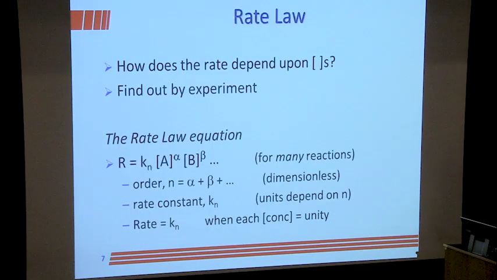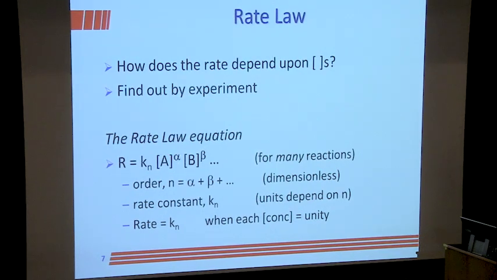Okay. So how does the rate depend on concentration? Typically, we find out by experiment, right? So the rate law we give as equal to the rate constant to some order, times the concentration of A to the alpha times B to the beta, and so on. Okay?